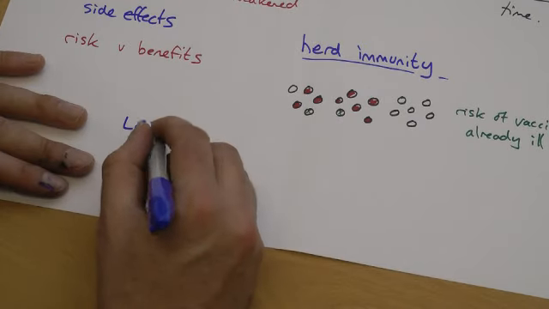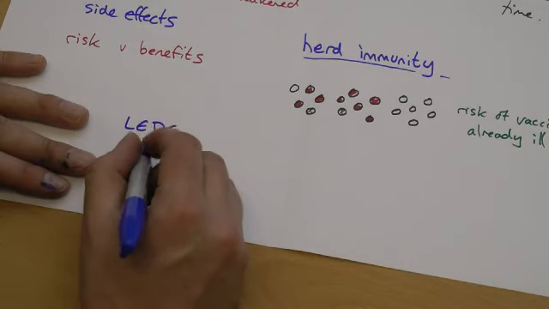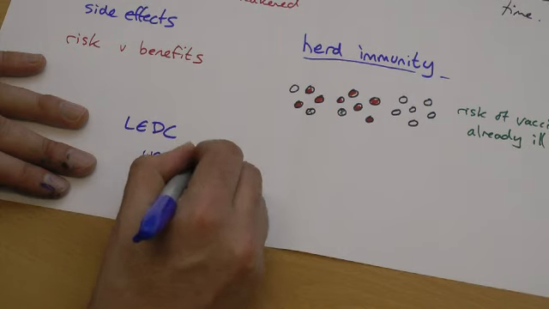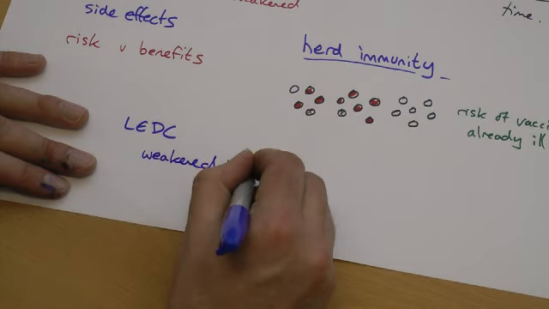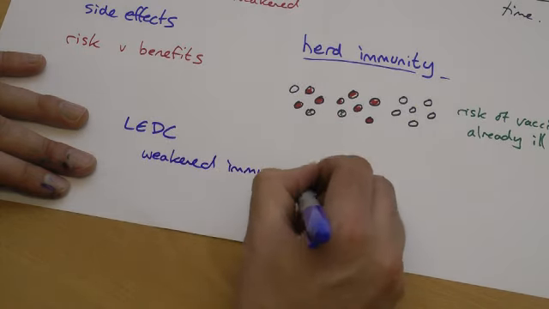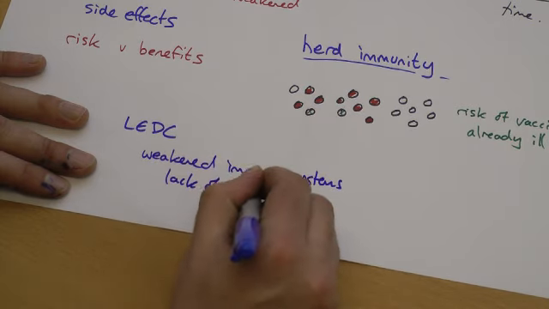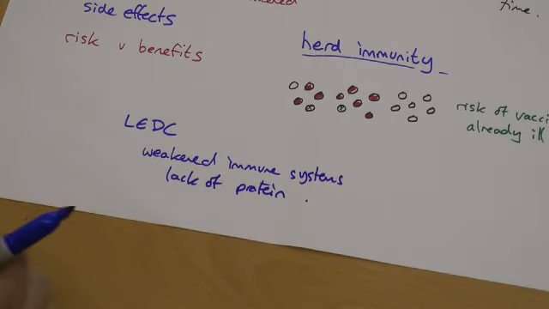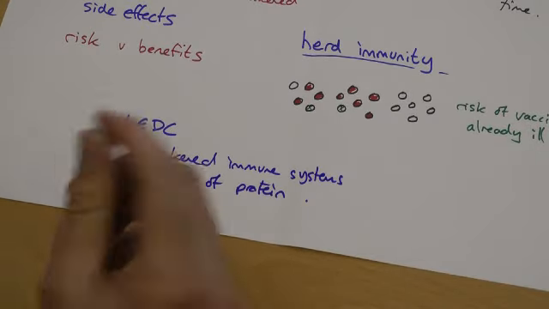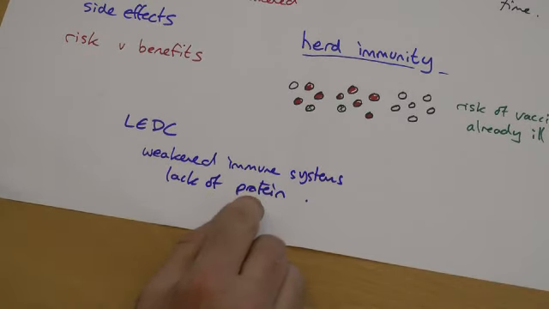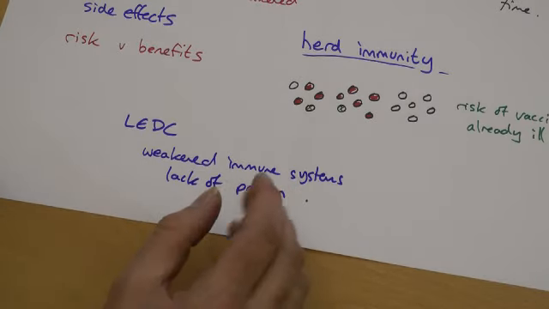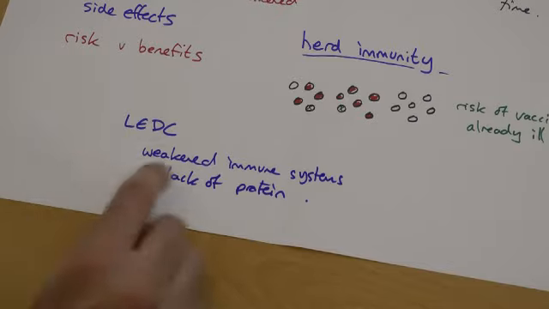But the main problem is if people have weakened immune systems, and this is usually because of a lack of protein. So in areas where there isn't as much protein going around, protein is used to make things like antibodies. So lack of protein, lack of antibodies, weakened immune system.